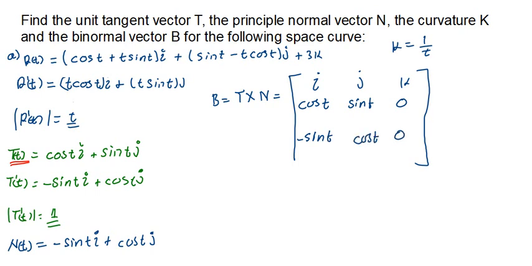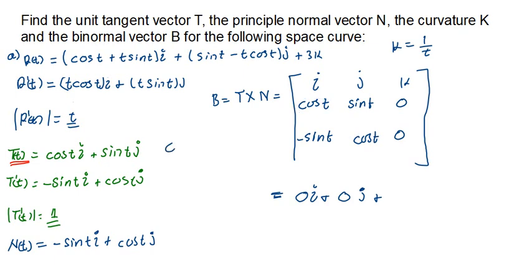So you end up finding that when we cross these, we are going to have 0 in the i, plus 0 in the j. Then you're going to have plus some value for k, because k is simply this one times this one. That will give us cos squared t.